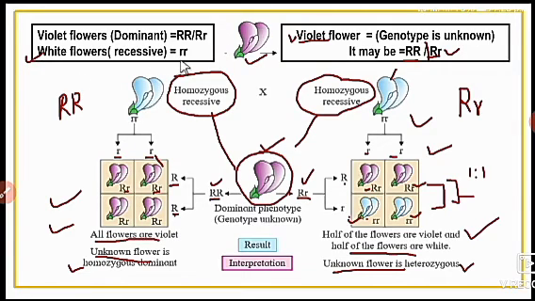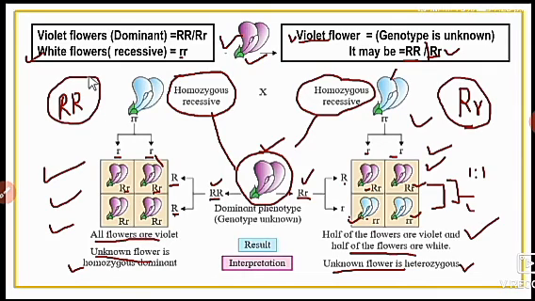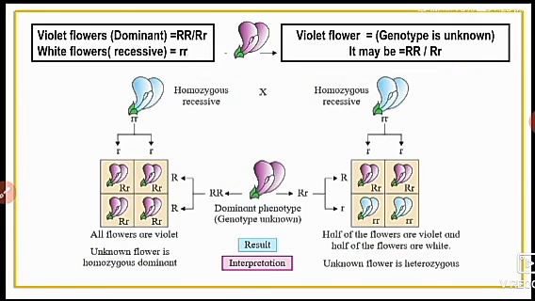We can conclude that to find out a homozygous or heterozygous individual, in the ratio of 1:1, we have to cross the F1 hybrid with only a recessive parent. And if the dominant phenotype or F1 hybrid is crossed with the recessive and the genotype is capital RR, all flowers are violet. Okay, this is the test cross, and the benefits of the test cross we have completed in this lecture.